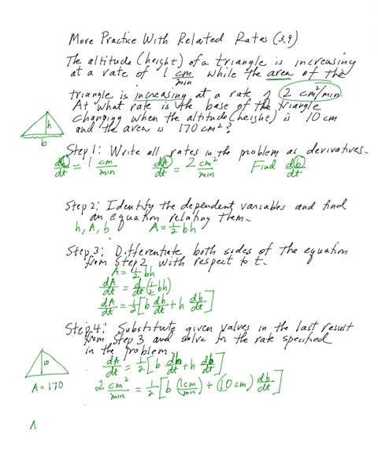So since area is 1/2 base times height, 170 is 1/2 base times 10. So 170 equals 5 times the base. So the base is 170 over 5, which is 34 centimeters. So this base is 34 centimeters.